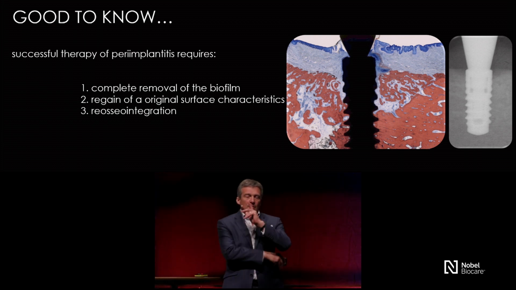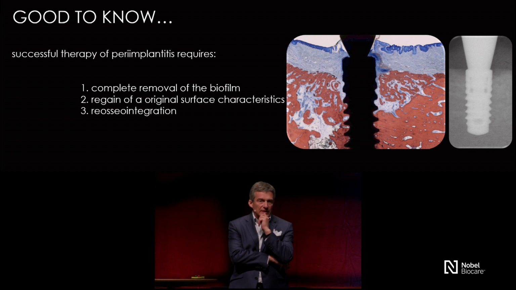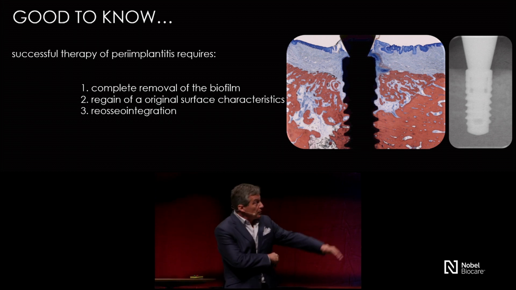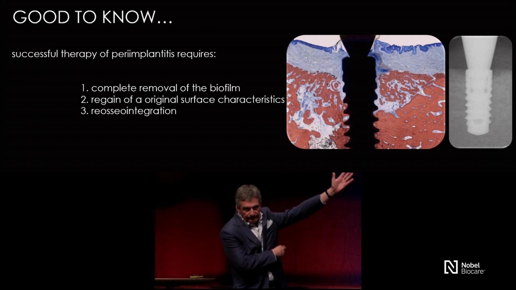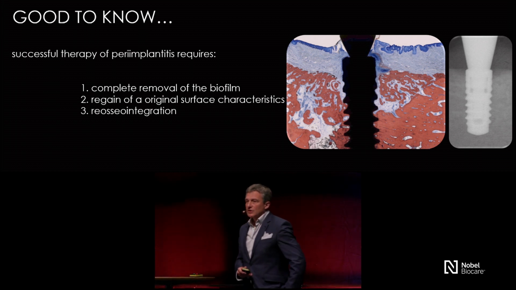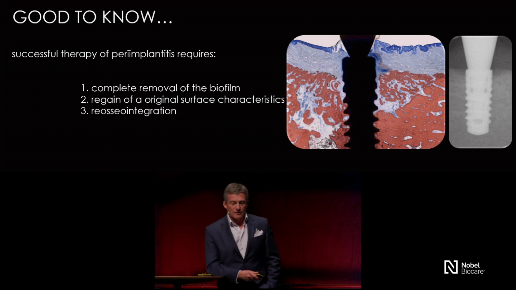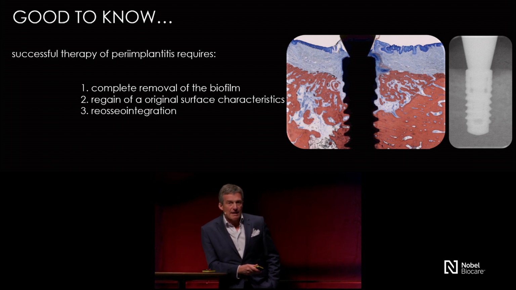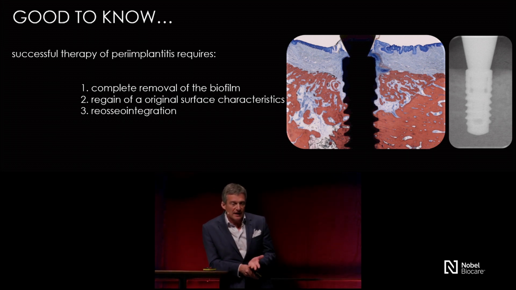And what is re-osseointegration? This is not only bone which grows back and which we see nicely on an X-ray. In histology, we see that this bone is not connected to the implant surface. What will happen to this implant? We all know that. That will be a failure in the long term.